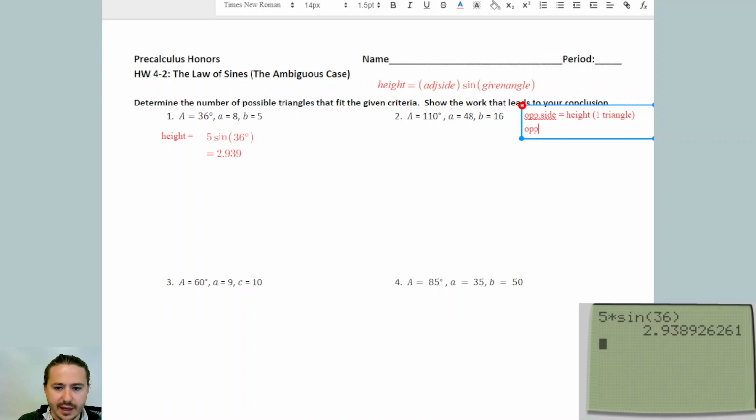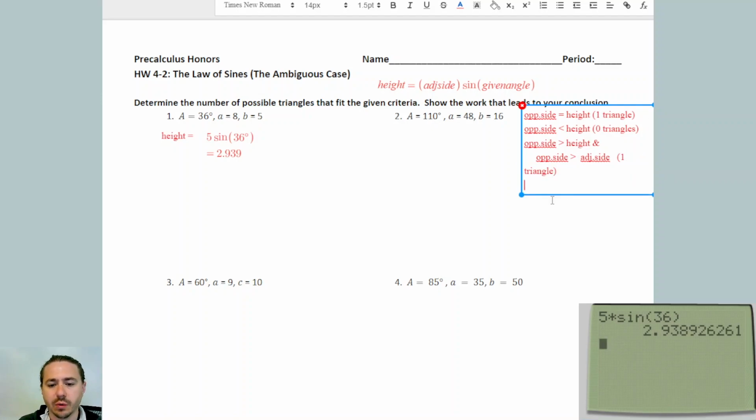If the opposite side is smaller than the height, like it's too short, then there are 0 triangles. If the opposite side is greater than the height, and the opposite side is greater than the adjacent side, then we'll have one triangle.